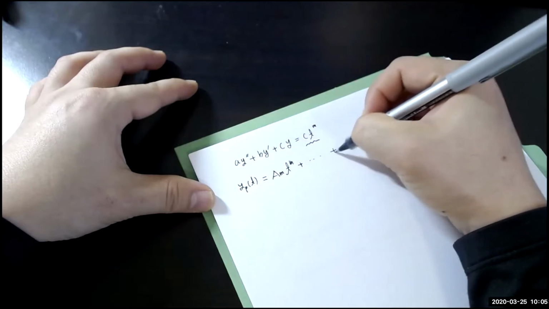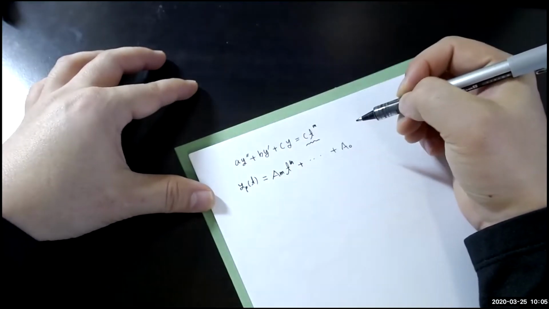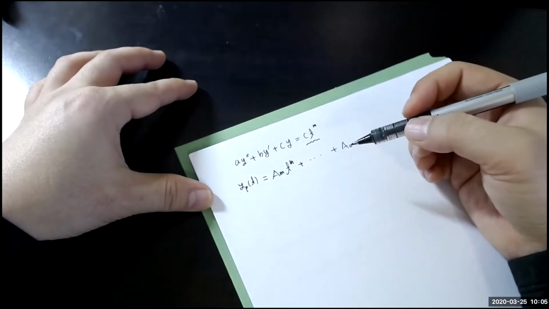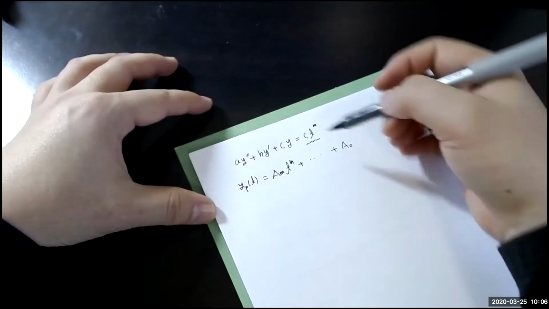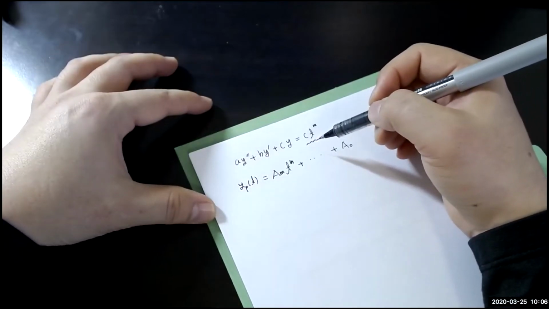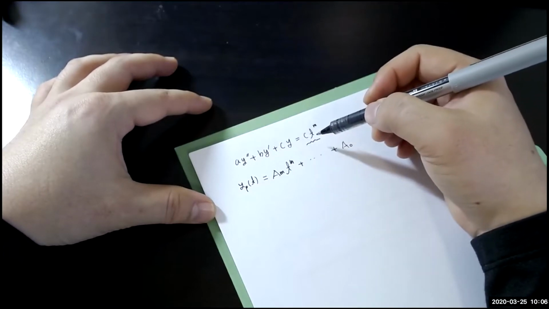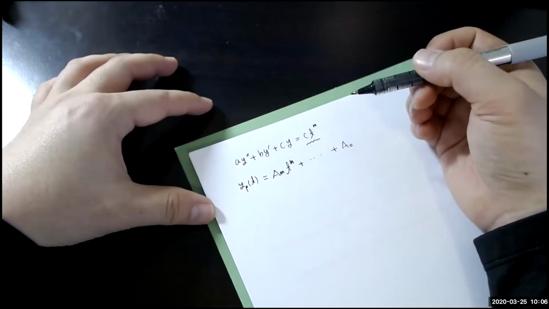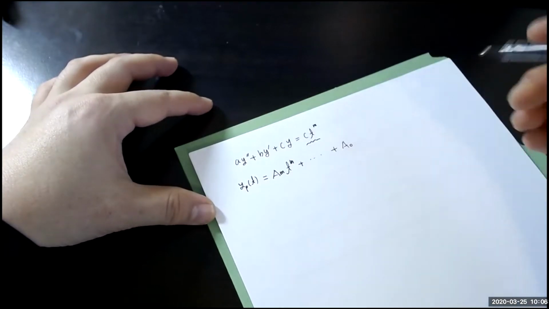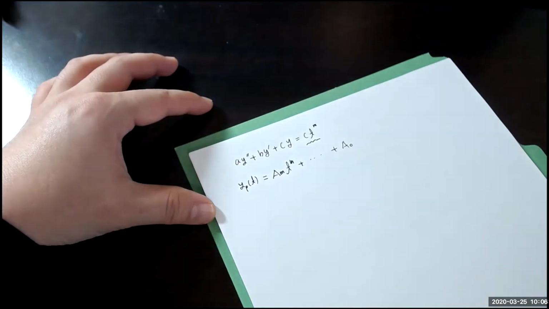Okay, so then here was a question. What if the external force function is not in the form of a monomial, but a sine function or other trigonometric functions or exponential functions?